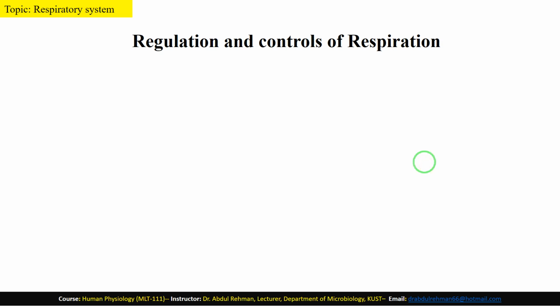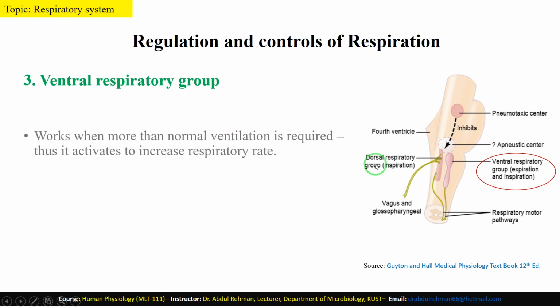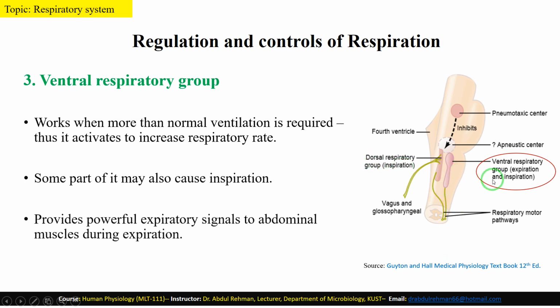Ventral respiratory group. The ventral respiratory group is responsible for expiration. It is located adjacent to the dorsal respiratory group, and it also facilitates the inspiration process to some extent. But mostly it sends signals to the abdominal muscles during expiration.